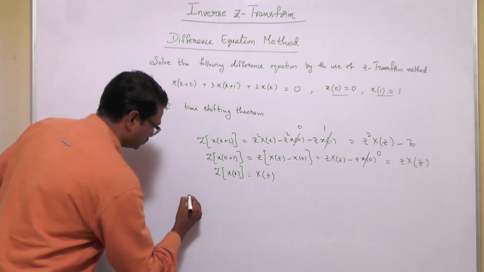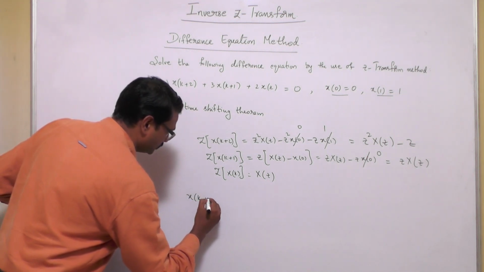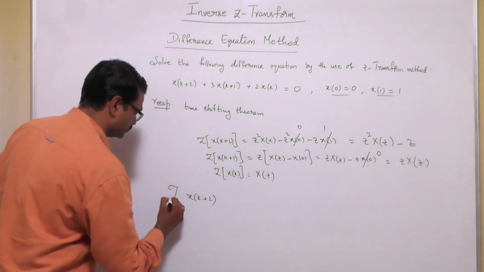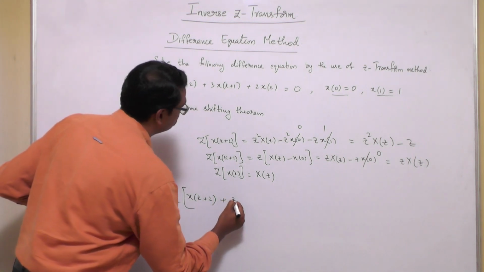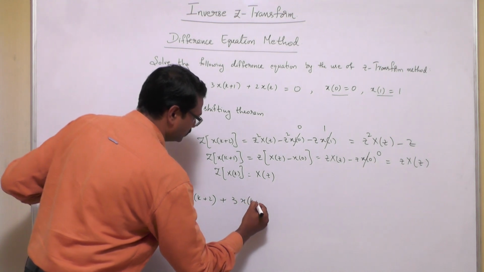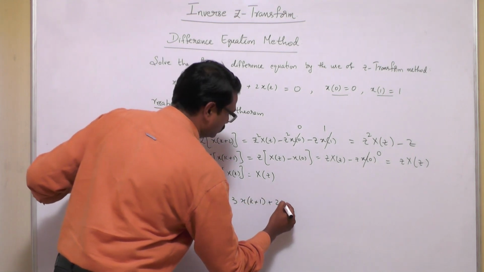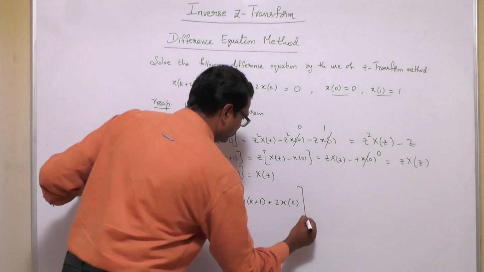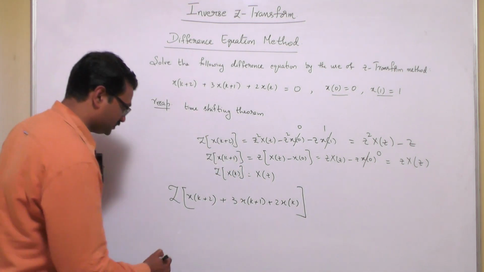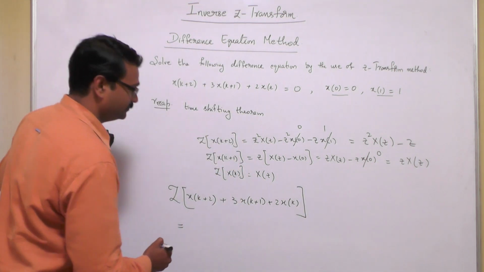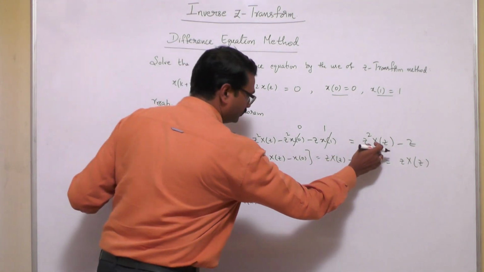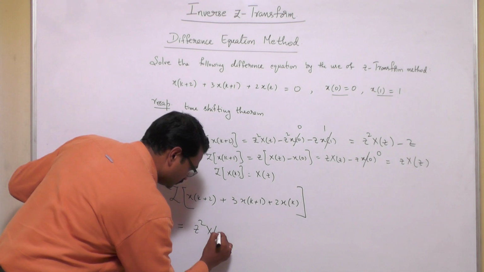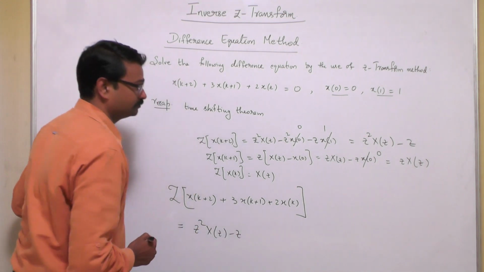Now let me consider this equation, x of k plus 2 plus 3 x of k plus 1 plus 2 x of k. When I apply the Z transform to this, the Z transform of x of k plus 2 gives z square x of z minus z.